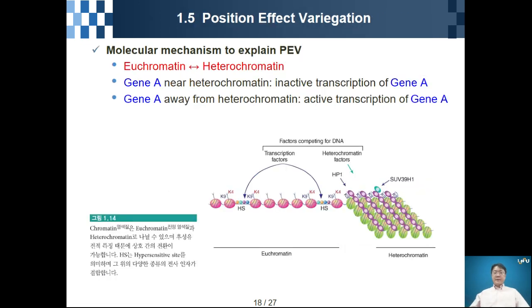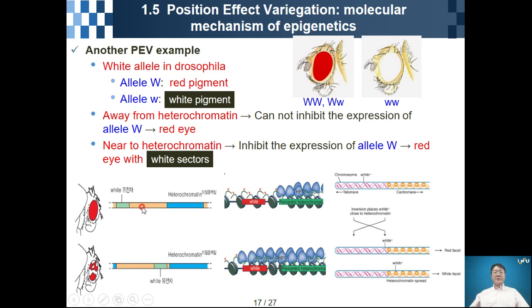So in this slide, I will explain the molecular mechanism of PEV. As I mentioned earlier, the euchromatin region can be changed to the heterochromatin region. For example, gene A is located in the euchromatin region, but sometimes gene rearrangement happens, so this gene can be located in the heterochromatin region.